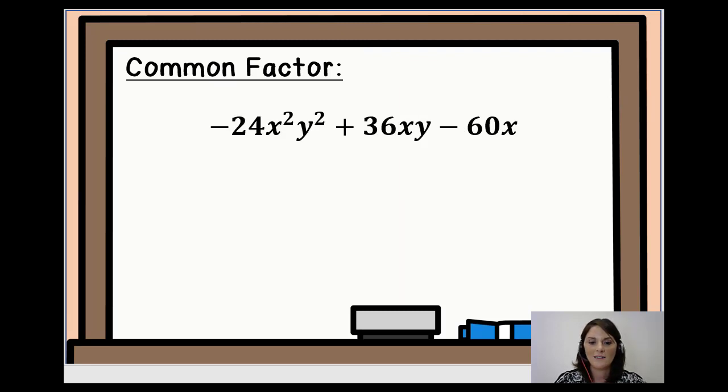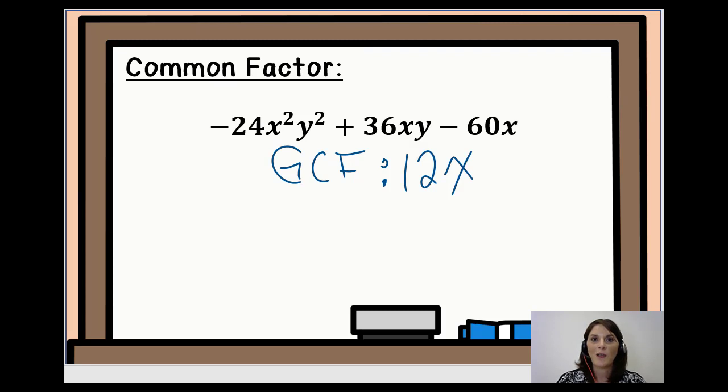So this is our last example, so we're going to common factor -24x squared y squared plus 36xy subtract 60x. Okay, go ahead and see if you can figure out your greatest common factor. Okay, did you figure out your greatest common factor was 12x?